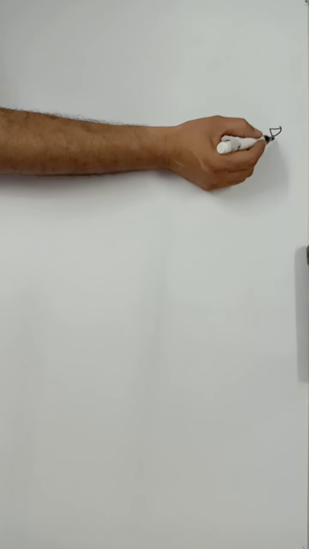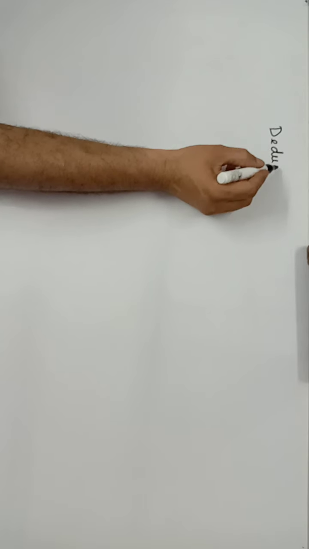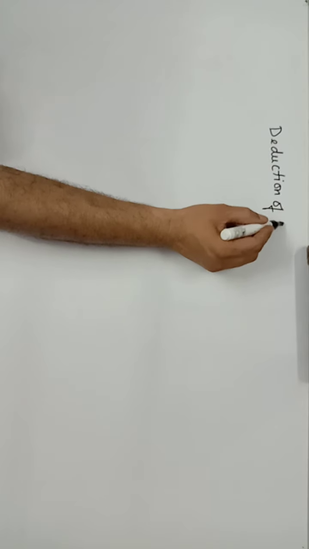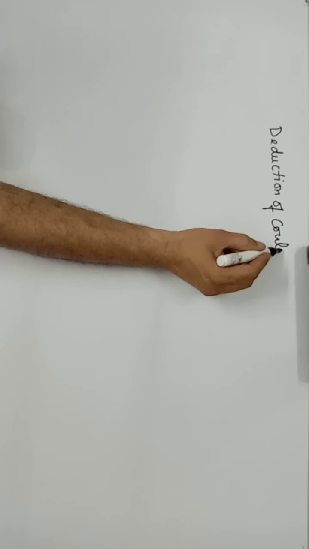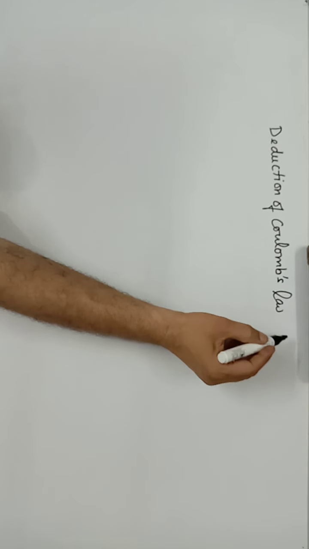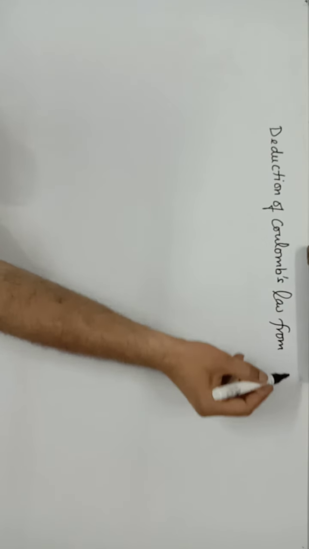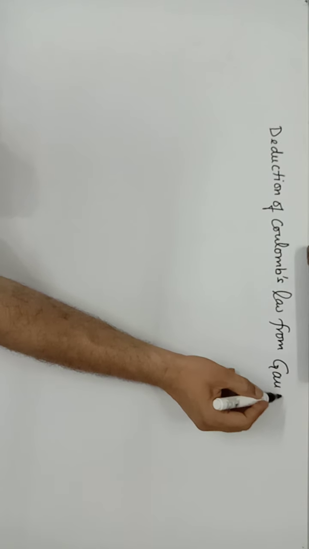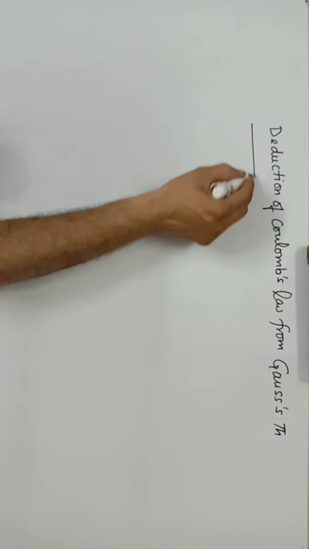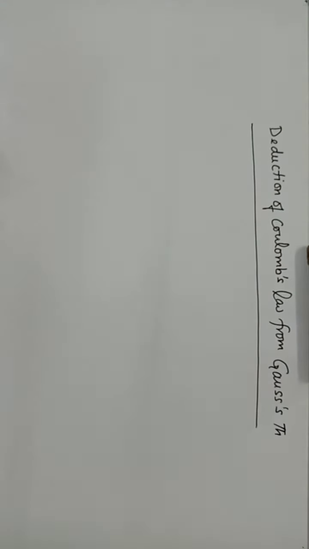Now the next topic is deduction of Coulomb's law from Gauss's theorem. We have to deduce Coulomb's law by using Gauss's theorem.